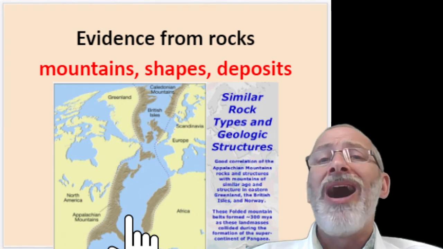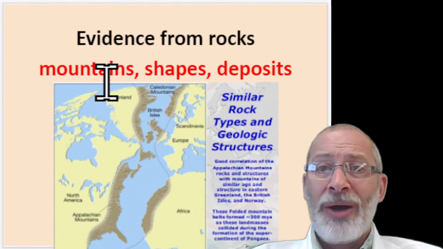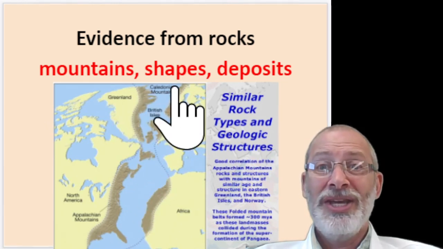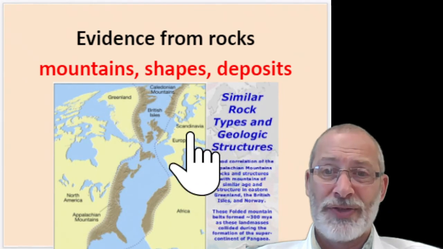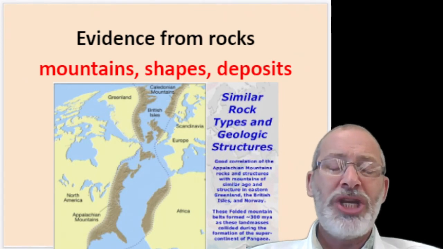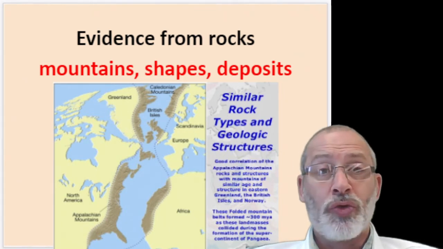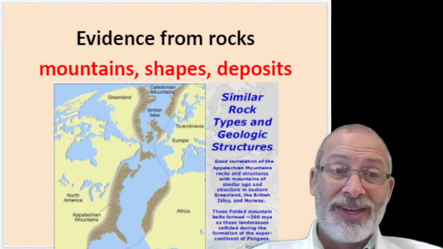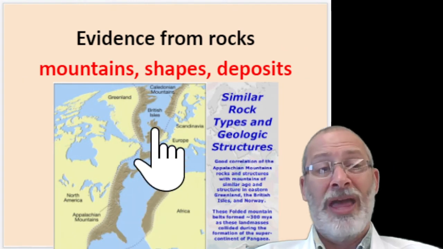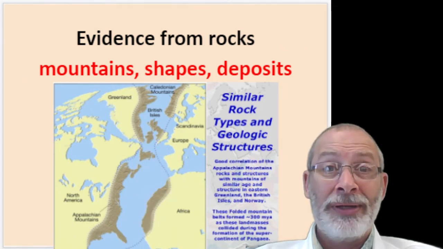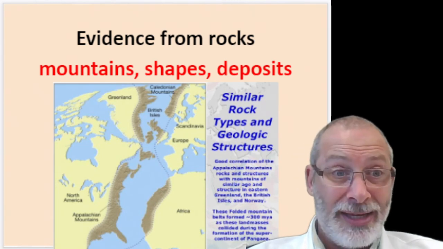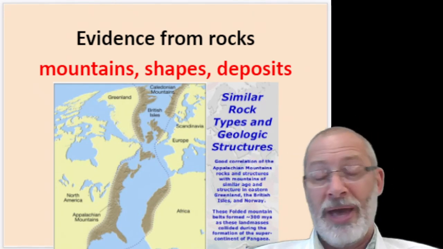So, similar rock types with mountains, the shapes of the continents, and the types of deposits formed, similar geologic structures, a great form of evidence to suggest that the continents in the northern hemisphere at one point were much closer together, in fact, connected at one point in the past.